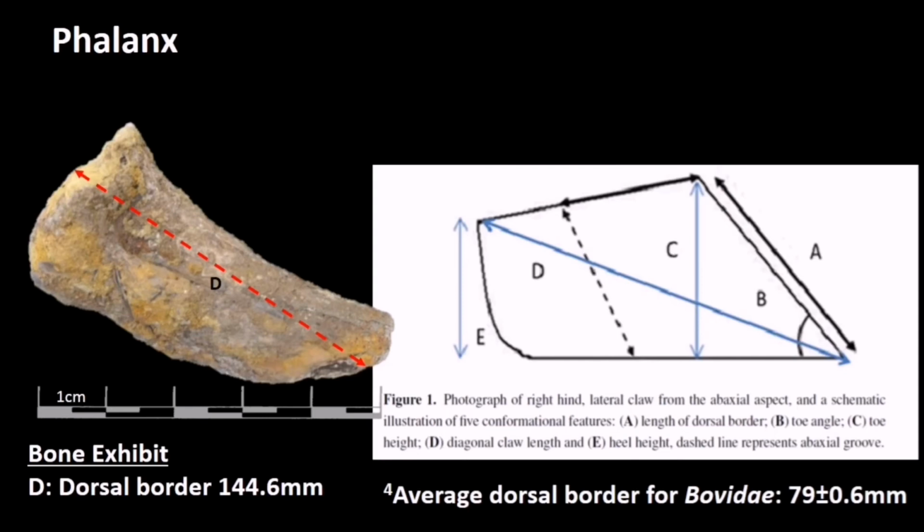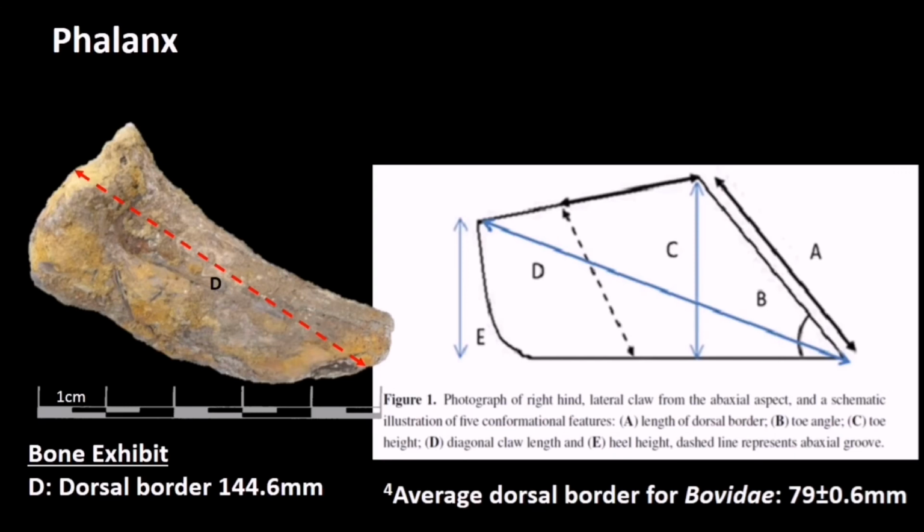The average dimension for bovidae, like the cattle, is usually around 79 plus minus 0.6 mm. But look at the sample that I have. The dorsal border is 144.6 mm.